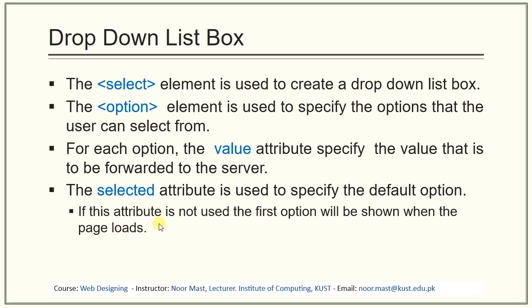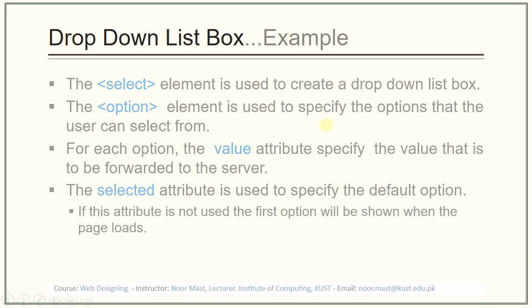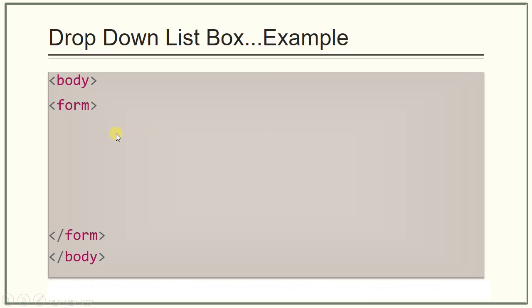To create a list box, consider this example. Here within the body section, we are just showing the form. This is the opening tag of the select element, and this one is the closing tag of the select element, and the name of the control is city, and the options of the drop-down list box will appear between these two tags.